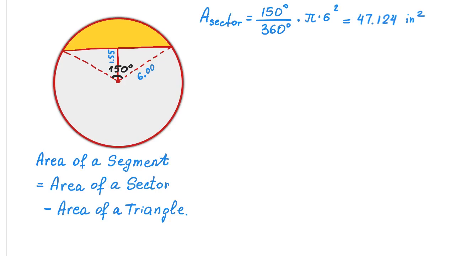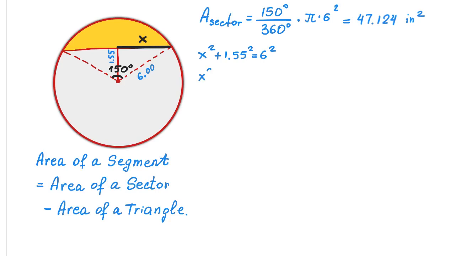And the area of a triangle is 1/2 times base times height. So first, let's find the base of this triangle. In fact, first we will find half of the base by using the Pythagorean theorem. In the figure, let's call this half base x. Then x squared plus 1.55 squared equals 6 squared, according to Pythagorean theorem.